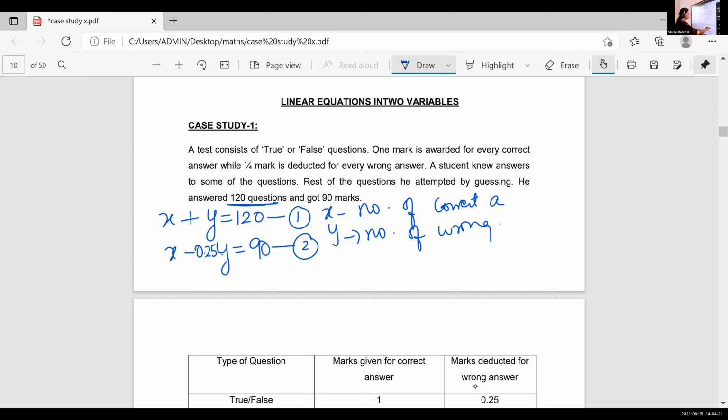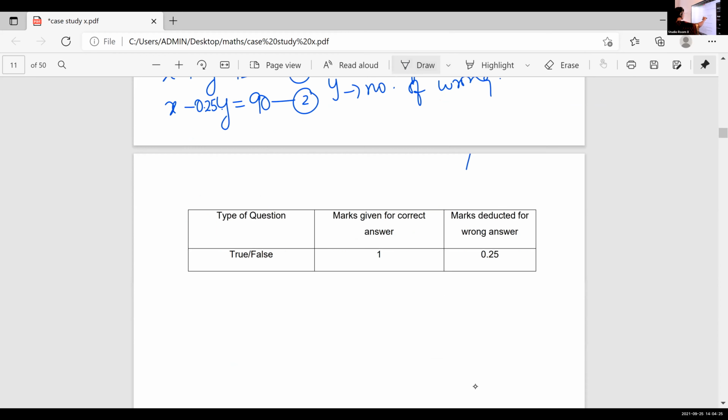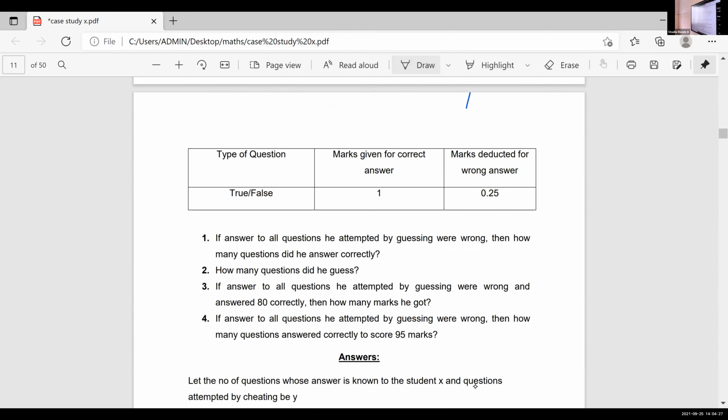Now look at the question given here. What is asked in the question? If answer to all questions he attempted by guessing were wrong, then how many questions did he answer correctly? That means what you have to find?